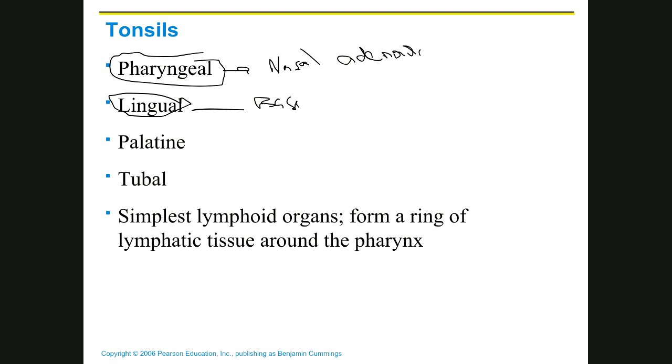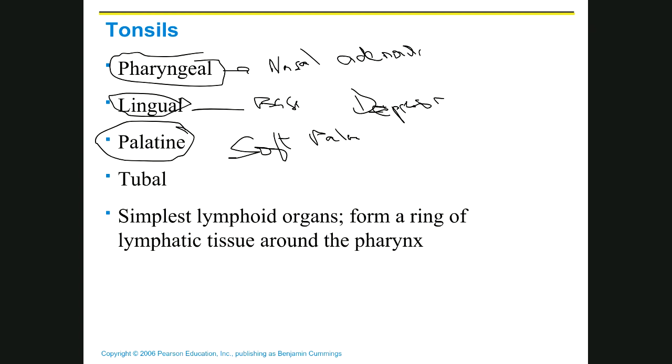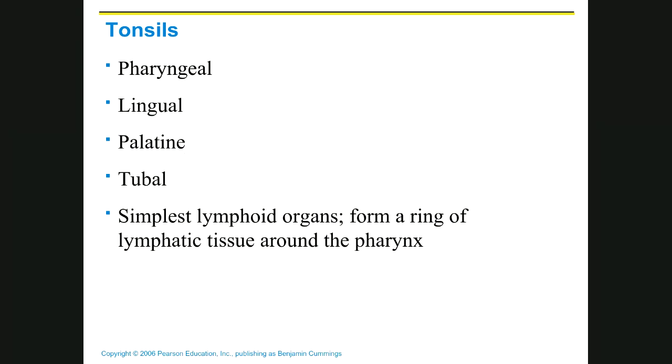So that's why a doctor uses a tongue depressor, so that they can see the base of the tongue and look at these tonsils. And then there's a pair on the soft palate. These are called palatine. And then there's some smaller ones which are around the auditory tubes, the eustachian tubes. But look, they form sort of a circle or a ring around the mouth and the nose.